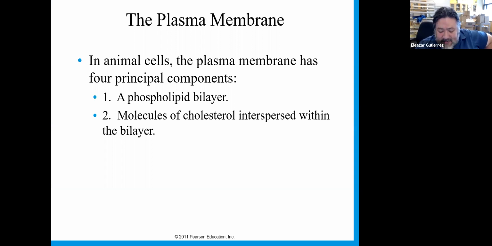Four main items make up the plasma membrane. The main component is what we call the phospholipid bilayer. This should be review to you. Okay. Hopefully you remember that the phospholipid has a sugar backbone, glycerol.